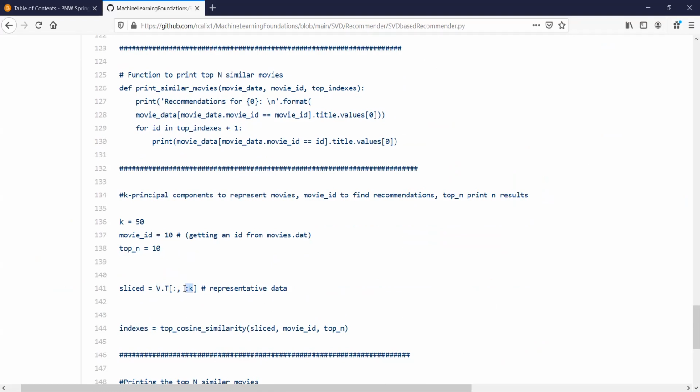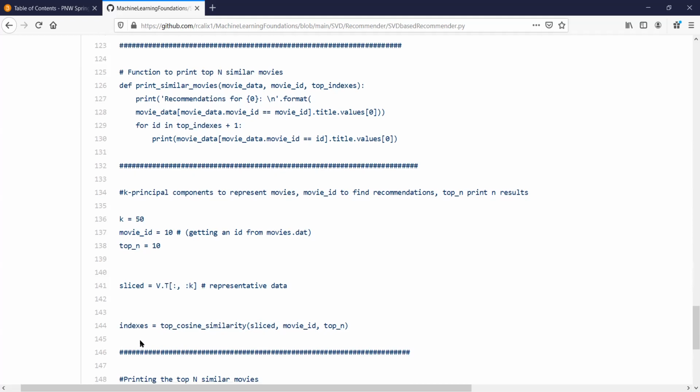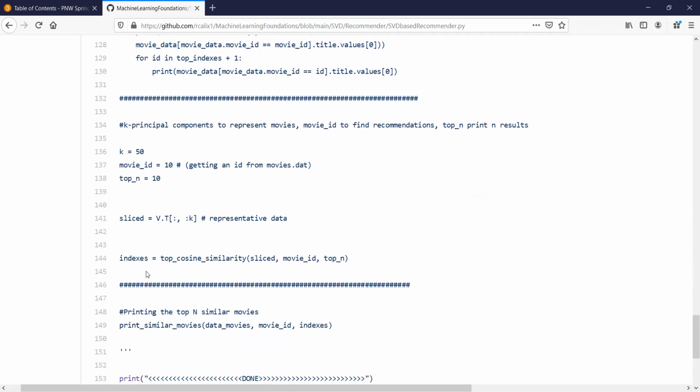We've talked about how we get 620 components on U and V, but not all of those are relevant. So we look at the energy, as discussed last week, to maybe pick the number, or here arbitrarily we just pick 50, which is less than 620. So you slice that data out, and then you provide that data plus the movie of interest, and that gives you the indices of the top scores, and then you just look it up with this function.